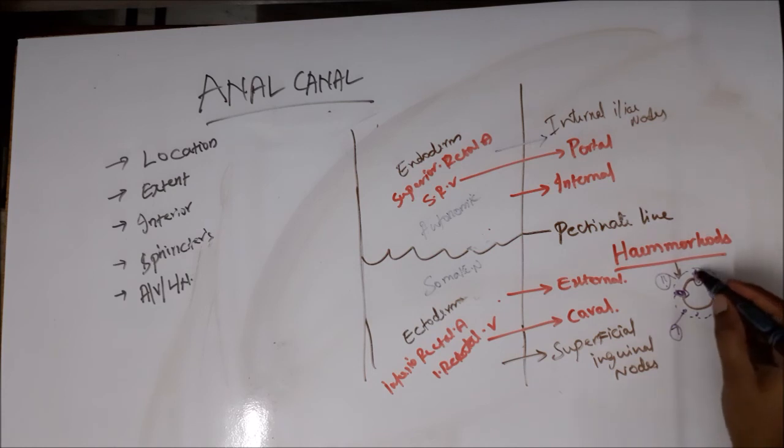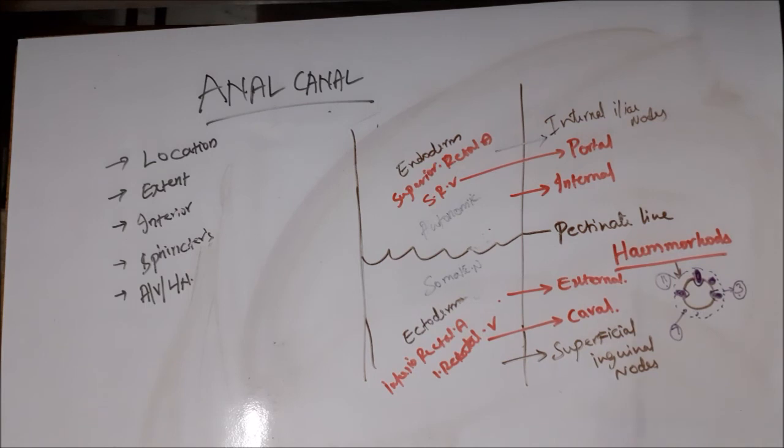So what are hemorrhoids? Hemorrhoids are nothing but the mucosa lining the dilated veins. They might be of the superior rectal vein or the inferior rectal vein. That is caused because of portal hypertension. That is one applied aspect.